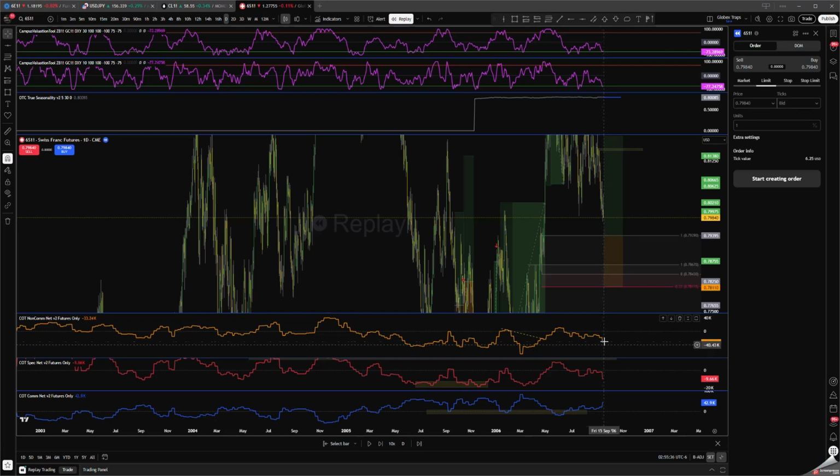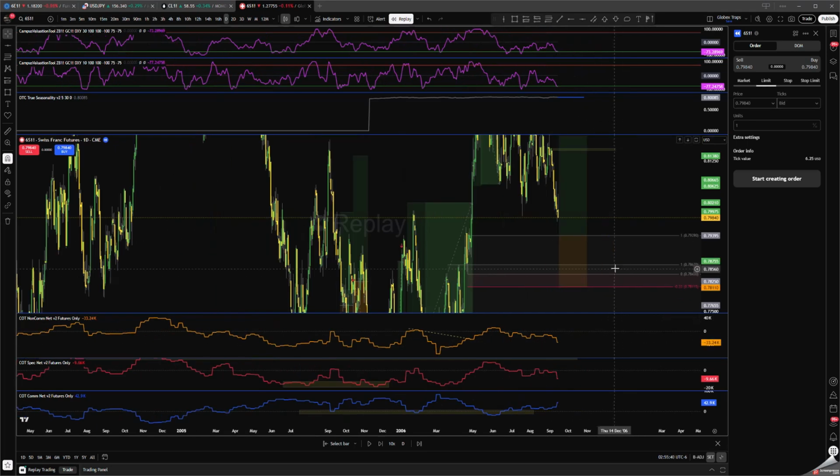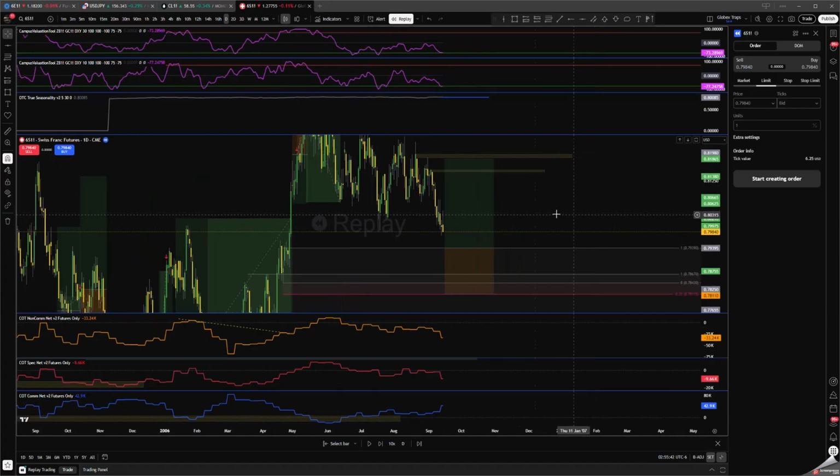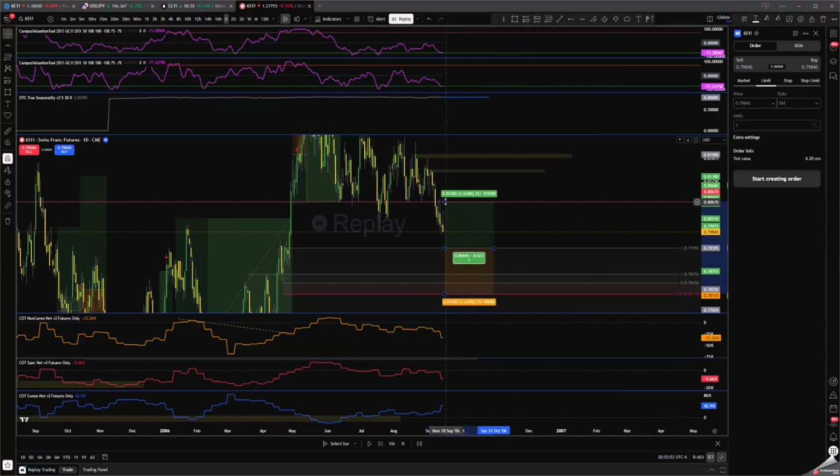However, there's no fund manager divergence yet. Right above this gap, buy position, buy limit.